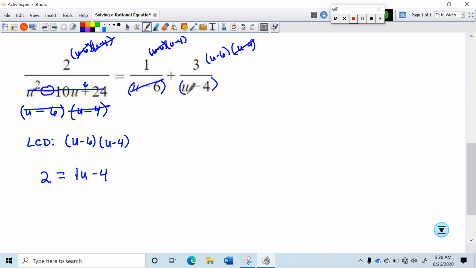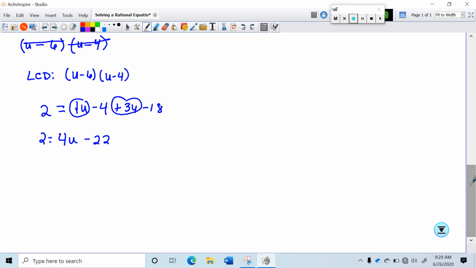1 times negative 4 is negative 4. Next term, u minus 4 cancels with u minus 4. 3 times u is 3u. And 3 times negative 6 is negative 18. For my u's, 1 plus 3 is 4. Negative 4 and a negative 18 is a negative 22.